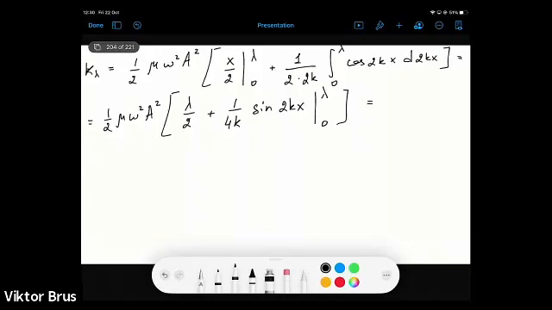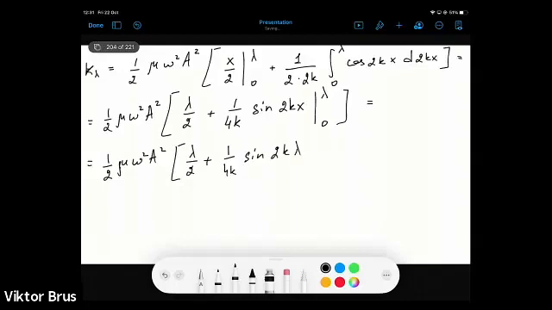Okay, again, we write here our constants. Here will be lambda divided by 2 plus, if we substitute these boundaries, 1 over 4k times sine 2k times lambda.